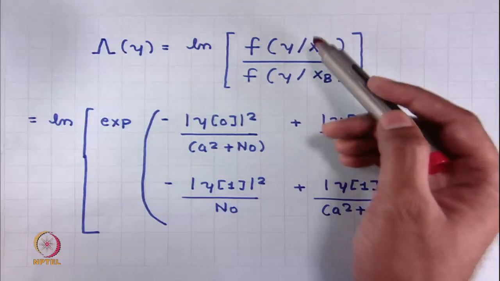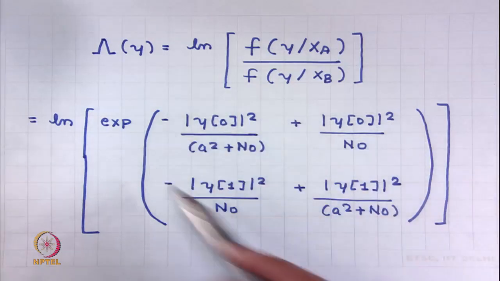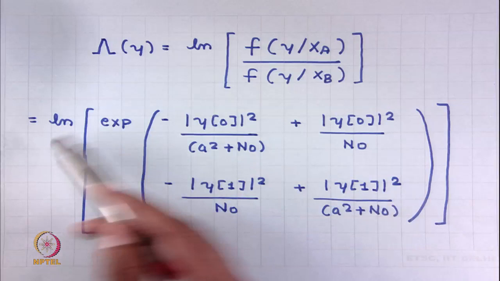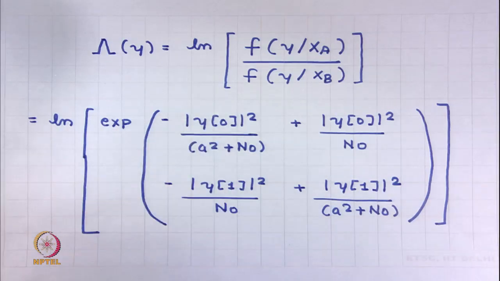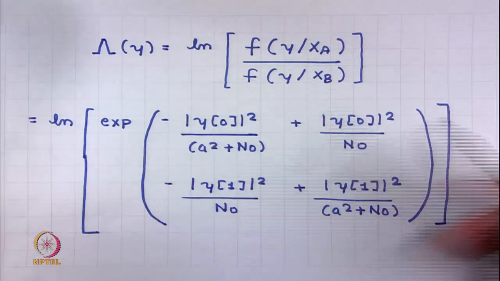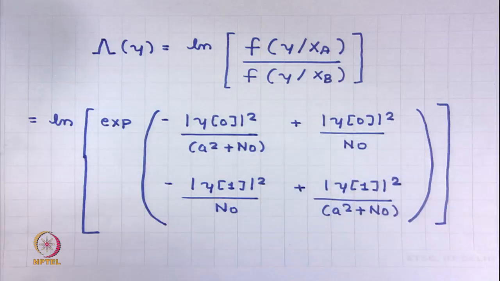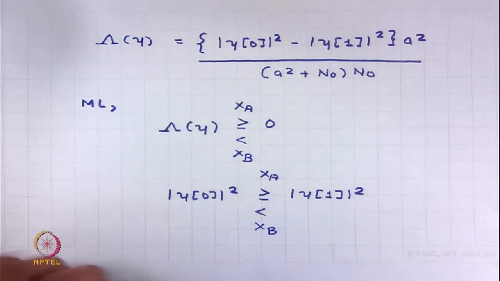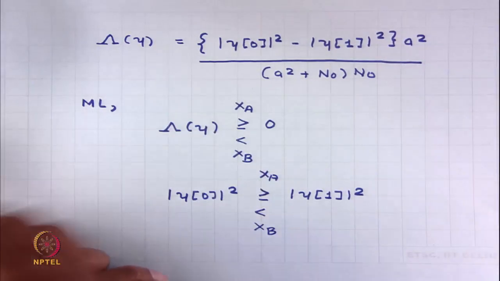When you divide this PDF by this PDF, you get this thing. Then we just have to take the ln of it. It is trivial arithmetic, thus I will not do this. I think you can do all of this stuff. From this we can get the log likelihood ratio as simply this.